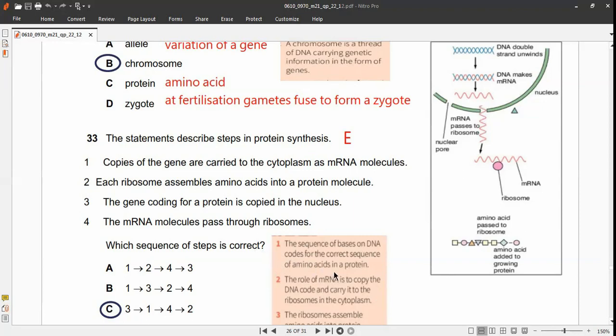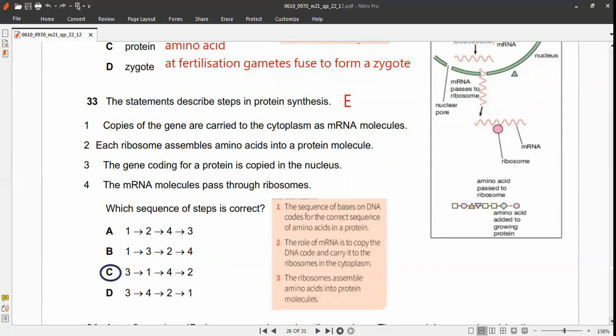Yes, the messenger RNA molecules pass through the ribosome. The last one, each ribosome assembles amino acids into protein molecules. So the correct answer, number 1, the gene coding for a protein is copied in the nucleus. Then copies of the gene are carried to the cytoplasm as messenger RNA molecules.